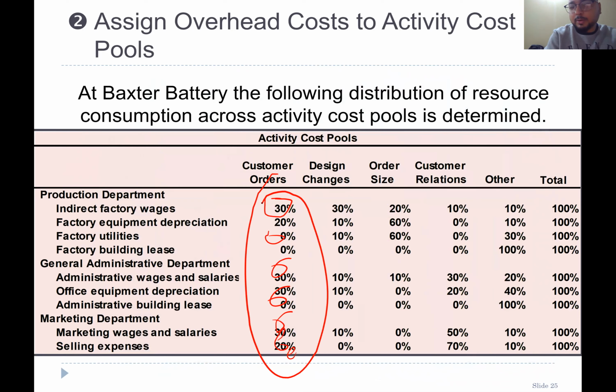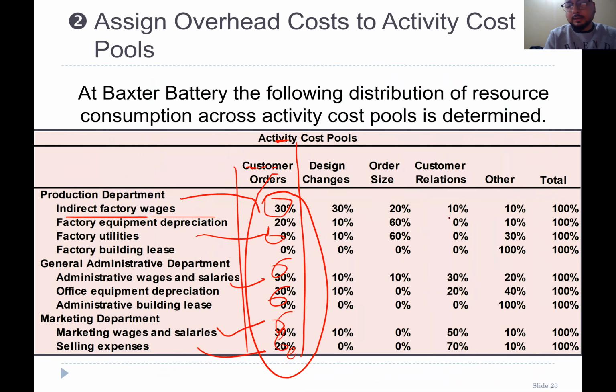In this bucket of customer orders, indirect factory cost is there, factory depreciation is there, salaries are there, marketing salaries are there, selling expenses are there. So we create a customer order cost pool. Simply, the vertical is the cost pool, and the horizontal is the segregation of this activity into 5 activities. So let's talk about this.